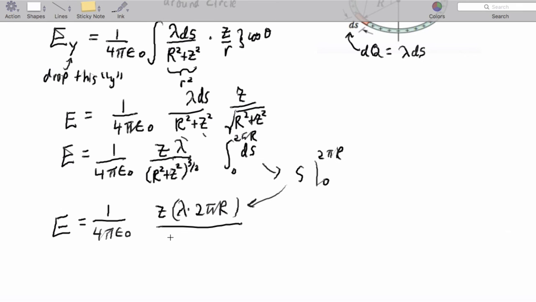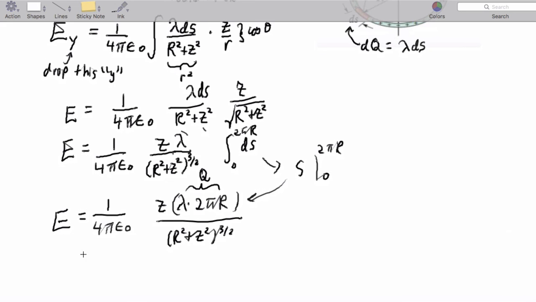Put that in there, over r squared plus z squared to the 3/2. Lambda times 2 pi r, well, that's just our charge. So we end up getting an electric field equal to 1 over 4 pi epsilon naught, q times z over r squared plus z squared to the 3 halves.